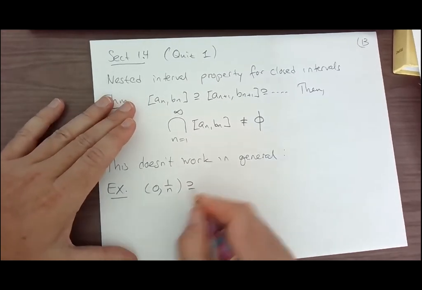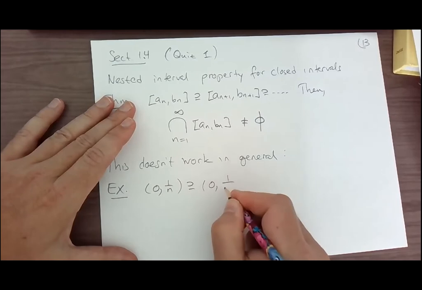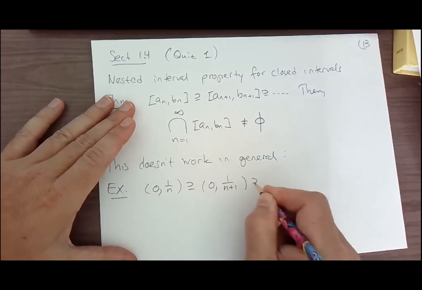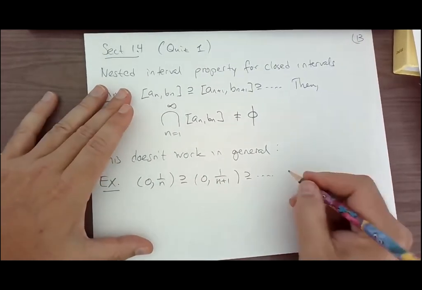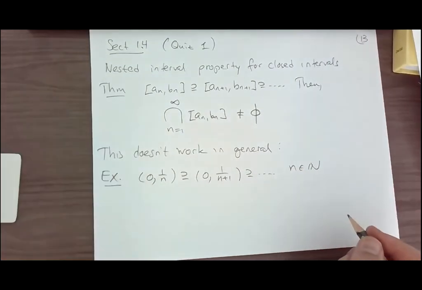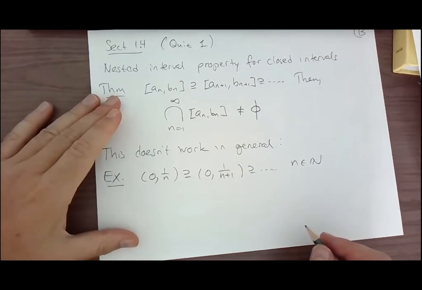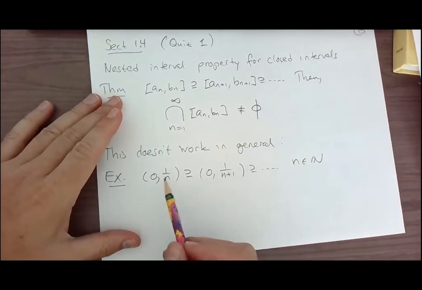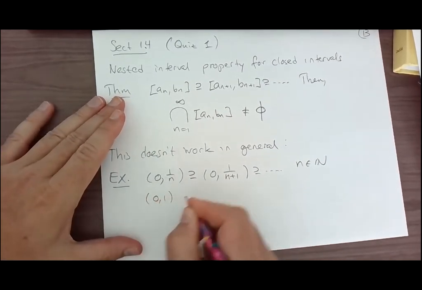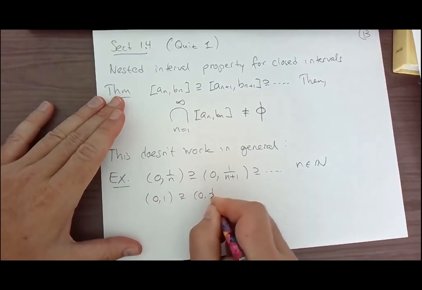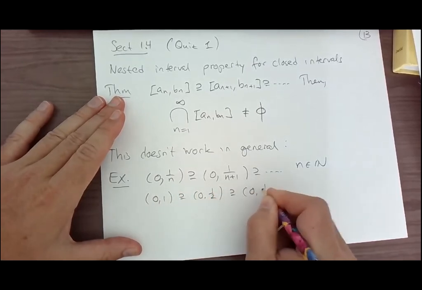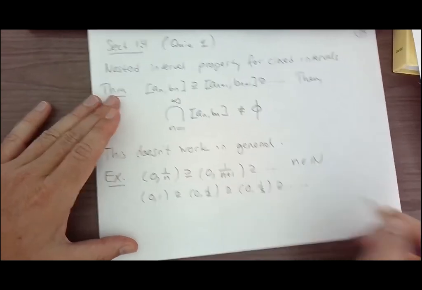And then I'll let this be inside, say, 0 to 1 over n plus 1, and it keeps going. n is a natural number. So here, this is 0 to 1, contains 0 to a half, contains 0 to a third, and so on.